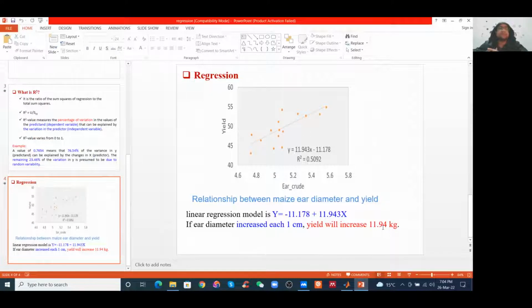So we can say this will increase in future, regression for prediction. And what is the variation? R square is about 0.5, like a 50% change. The yield of the mesh will change 50% by mesh air diameter.